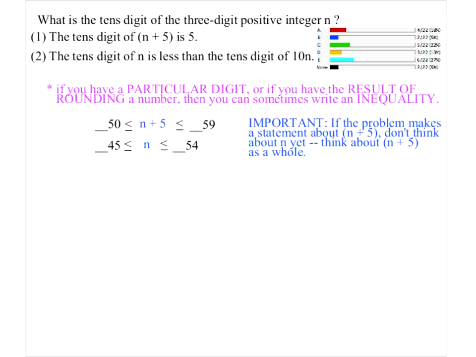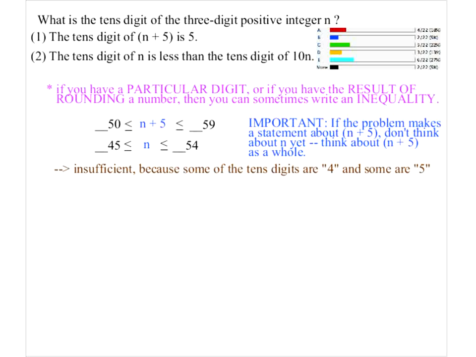So notice that this is insufficient because some of the tens digits are 4 and others are 5. So that's not going to work. All right, smiley faces about that. If you have any questions, go ahead and type them in the text box.